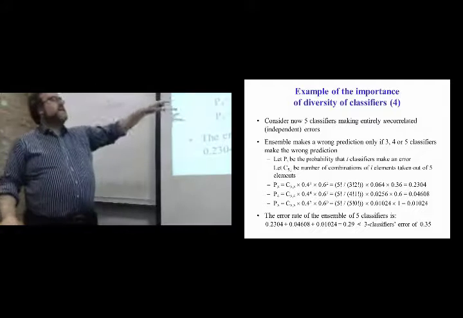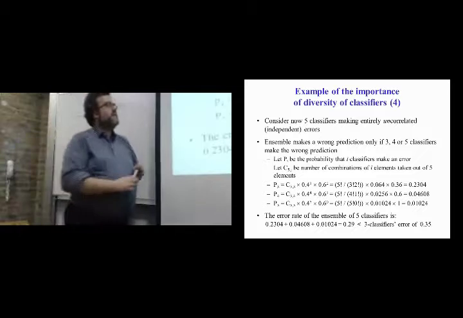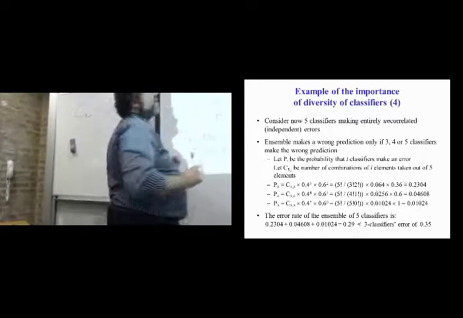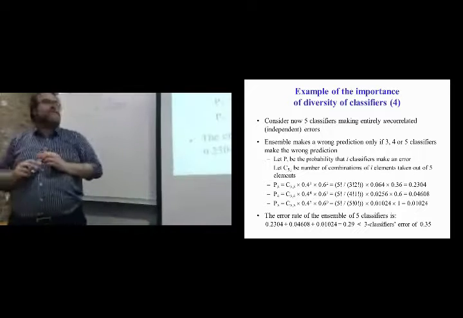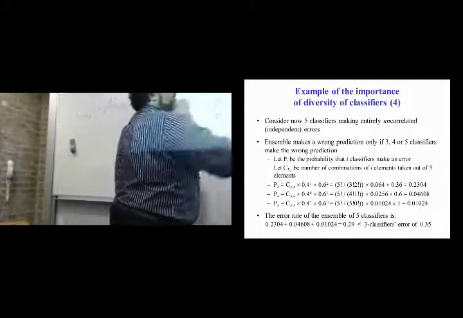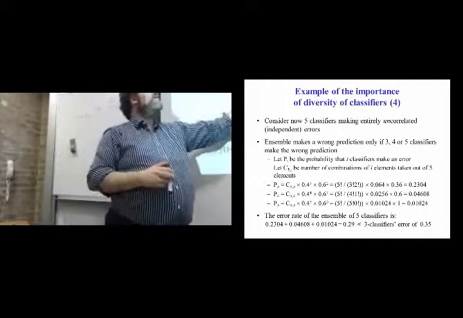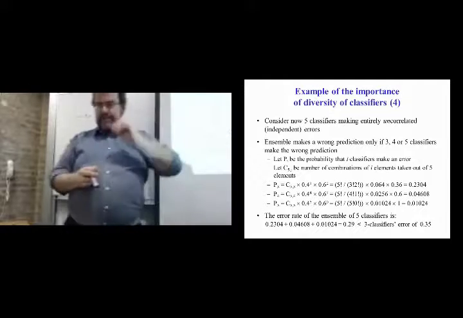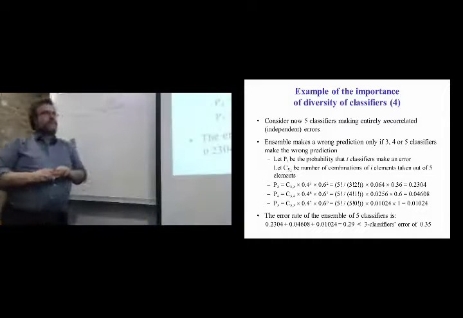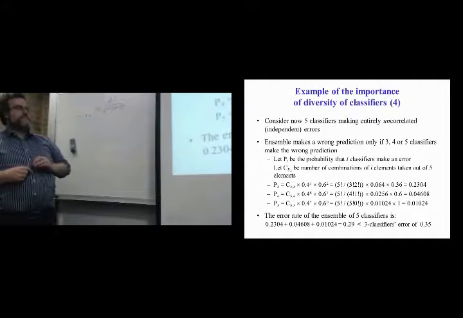That's basically saying how many lines are there in a table like this. So there's that number of ways of doing it. And what's the probability of doing that? What's the chance of doing that? Well, it's 0.4 times itself 3 times if there are 3 errors, and 0.6 times itself 2 times because there are 2 ways of getting it right.